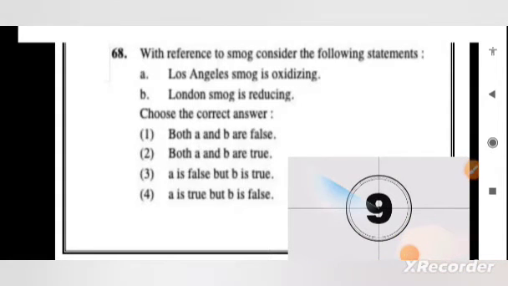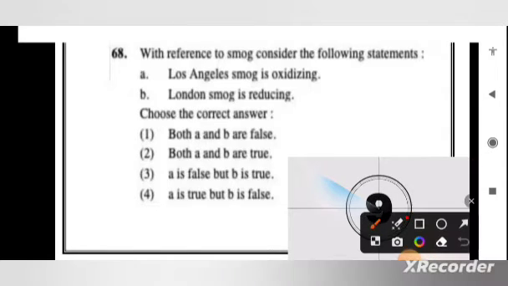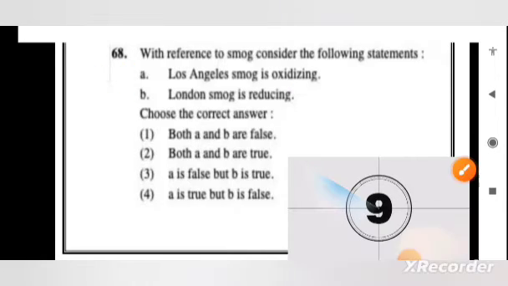Next question is, with reference to smog, which of the following statements are correct? Statement A is Los Angeles smog is oxidizing, and statement B is London smog is reducing.